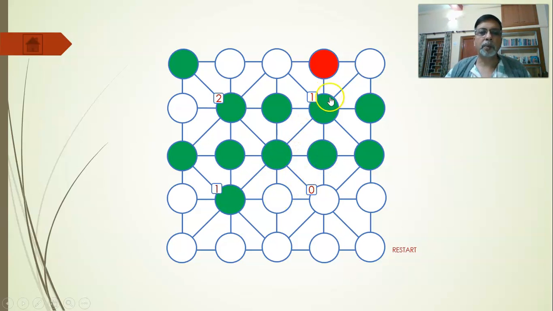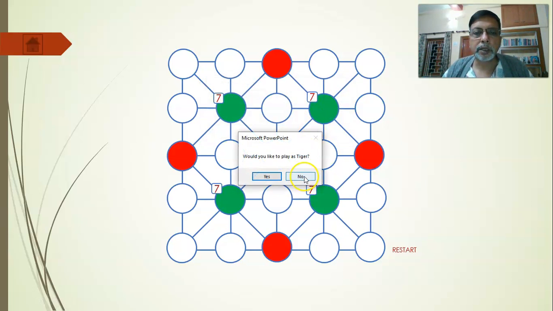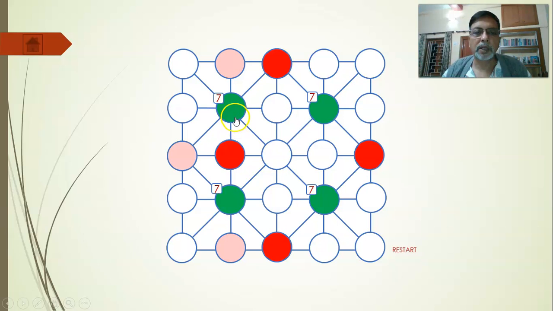So it will take time to trap the tiger. One can play as a goat or as a tiger, and one can play with more than one tiger. Say one can play with 4 tigers, maximum 5. It's a difficult game.